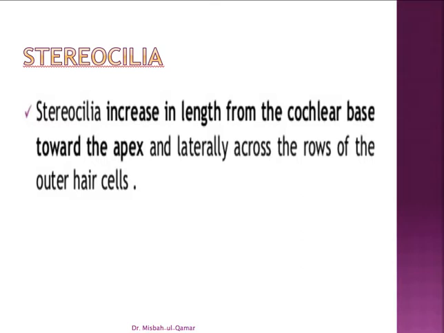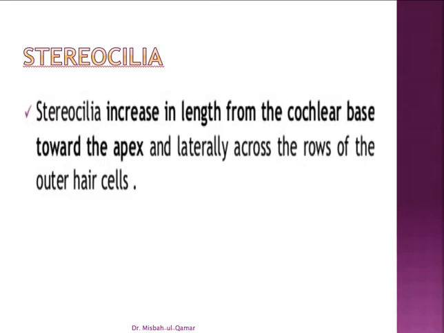The outer hair cell stereocilia bundle forms a V-shaped or you can say a W-shaped pattern whose angles become more acute toward the cochlear apex. While the inner hair cell stereocilia form a slightly curved bundle.